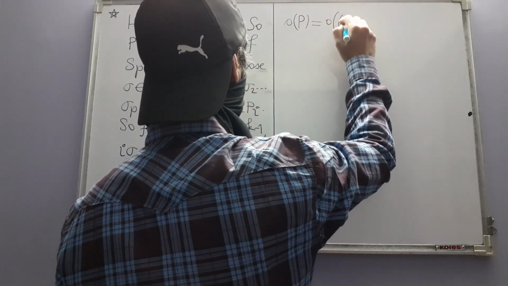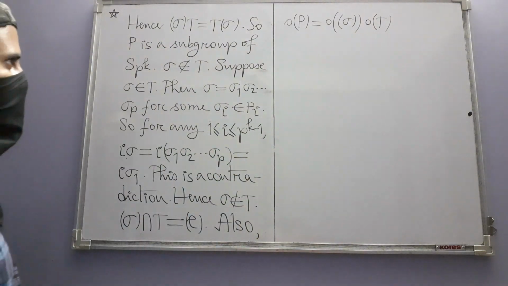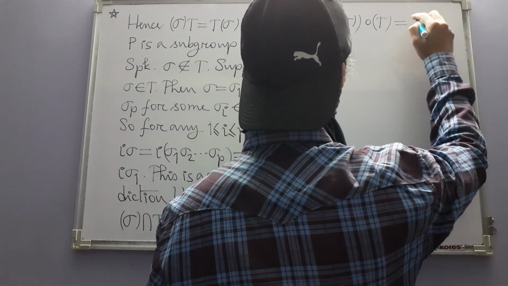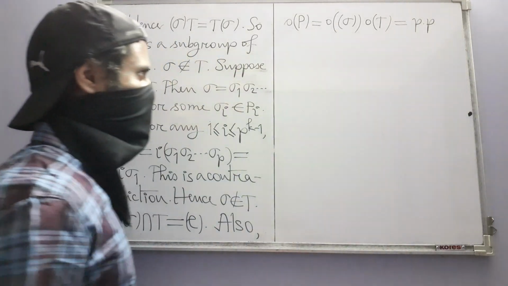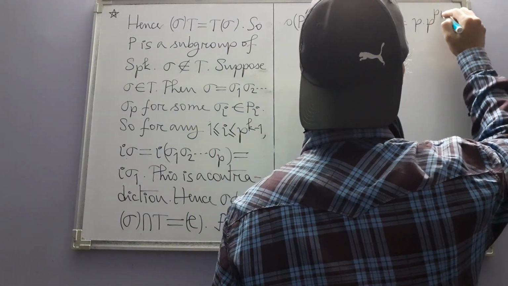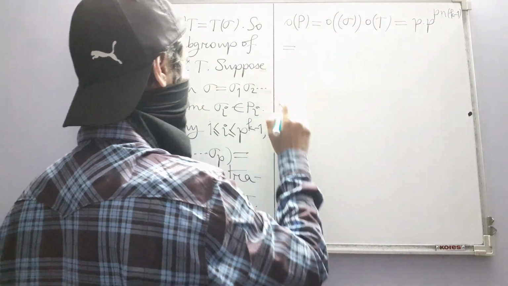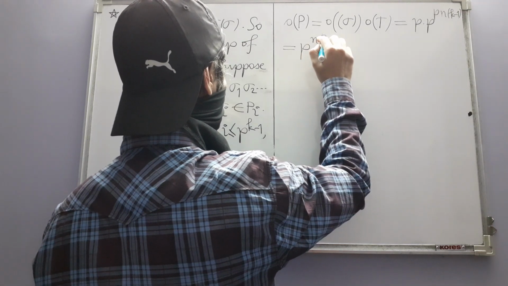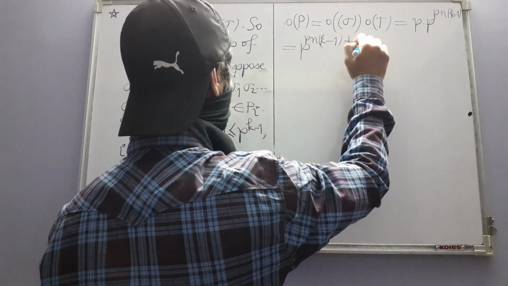The order of this cyclic subgroup times the order of T. Now because sigma has itself order P, so this is P, and you remember the order of T, it was P to the power P times n of k minus 1, and that is P to the power n of k minus 1, that is P times this plus 1.